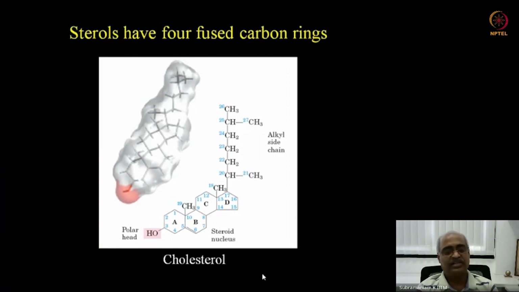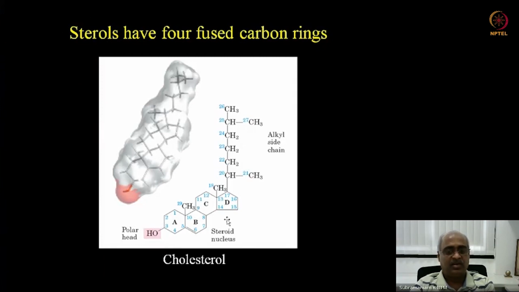The presence of cholesterol in the membrane is also important for the membrane's unique dynamics. And cholesterol is a main example of a class of lipids called sterols. And the basic structure of a sterol is the presence of these four rings.